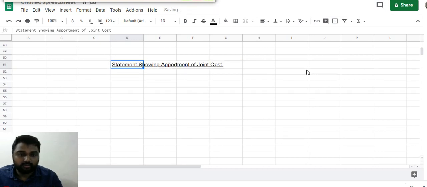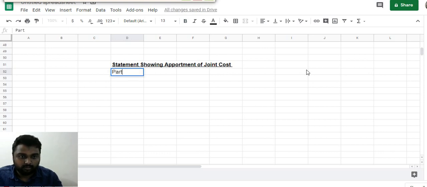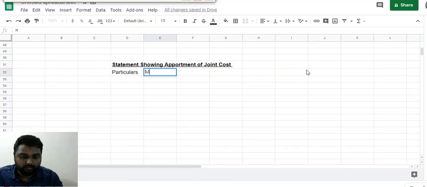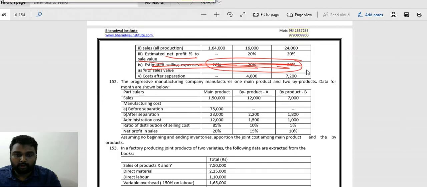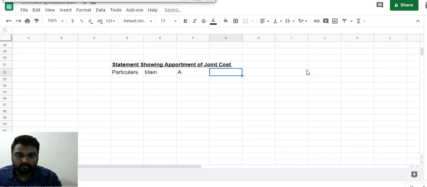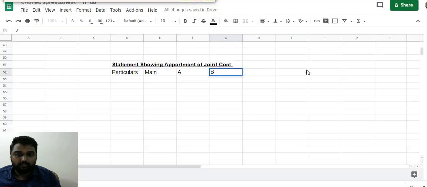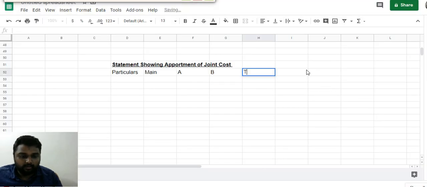We'll start. Which are all the products? Main product, then byproducts A and B. We will have one column for total also.